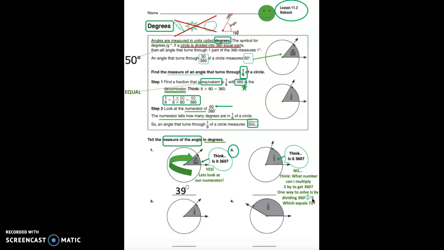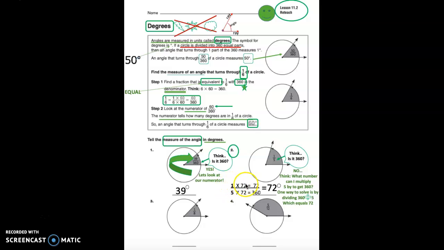But now, is 72 my answer, or do I need to do some more math? Let's take a look. I'm going to take my 1/5 and multiply both the numerator and denominator by 72. Don't forget, whatever you do to the numerator, you must do to the denominator.